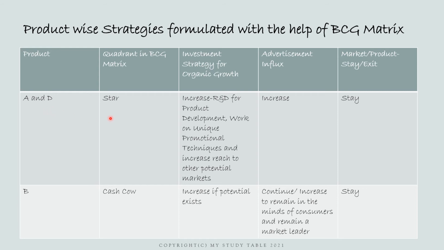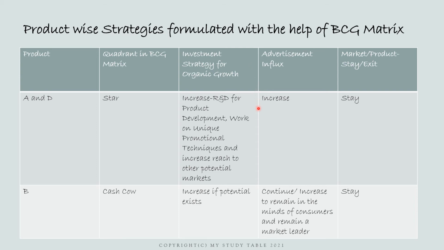So these products were in the star quadrant. Now, according to the placement, this could be the possible strategies for the same. Increase R&D for product development, work on unique promotional techniques, and increase reach to other potential markets.